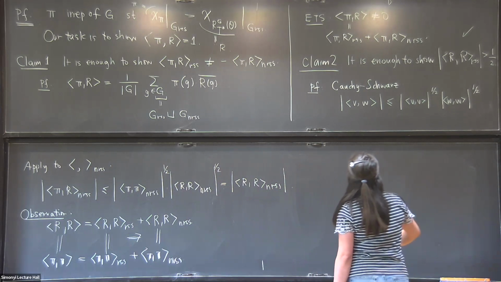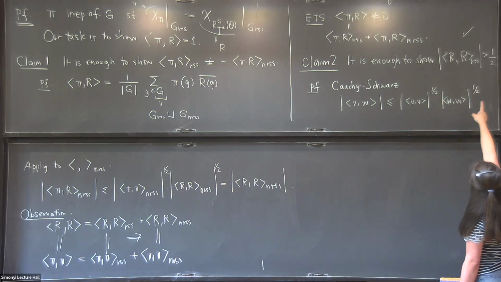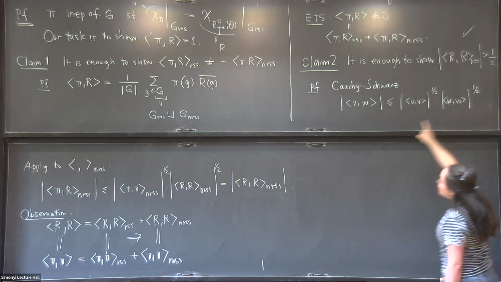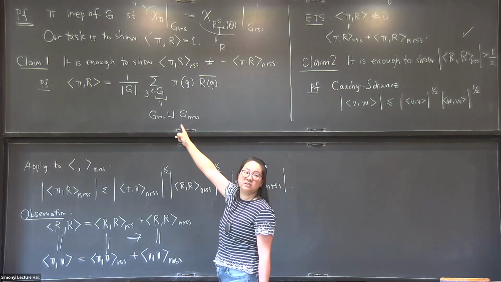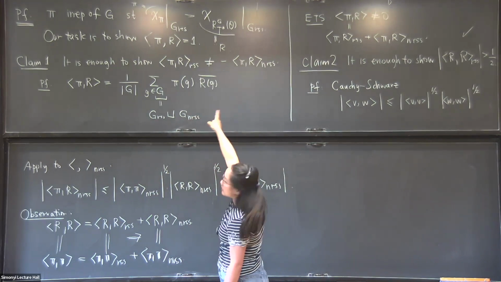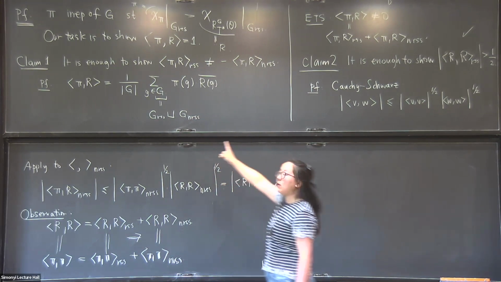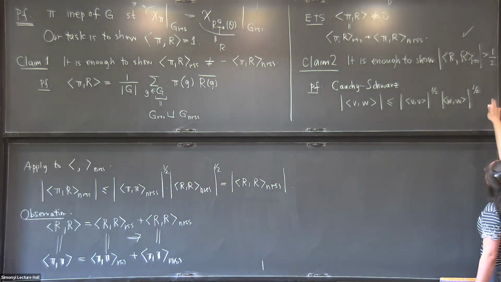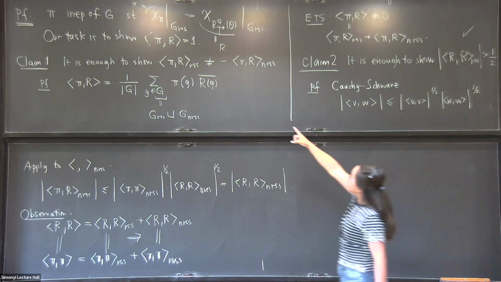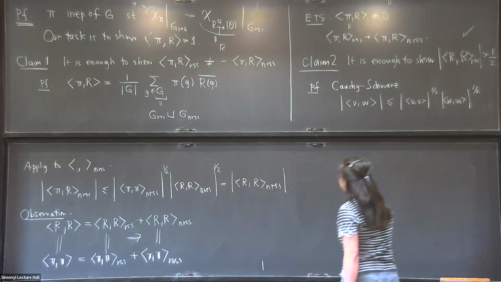And what I need to show you is that if I have this bigger than 1/2, then claim 1 is true, right? Because claim 1 says it's enough to show this non-equality. So I'm going to show you that this bigger than half now implies this non-vanishing condition.